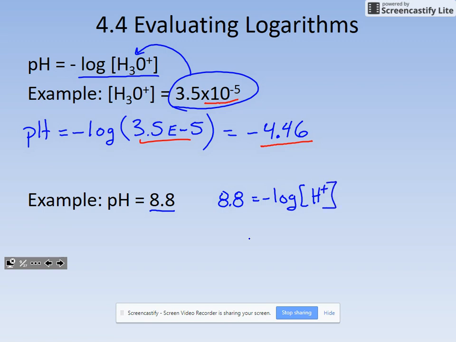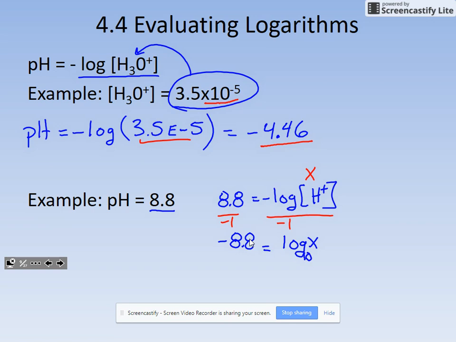It might be easier just to put this in as an X. The first step would be to divide by the negative 1. So now we have negative 8.8 is equal to log of, and I'll just use x here. And again, what's implied is base 10.